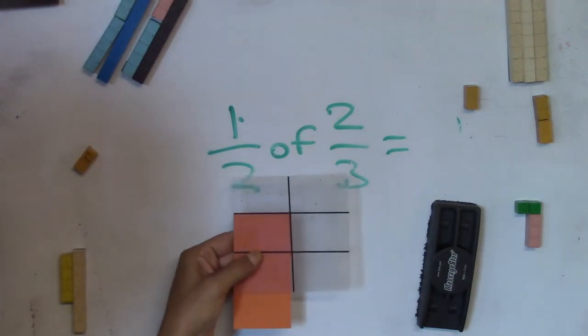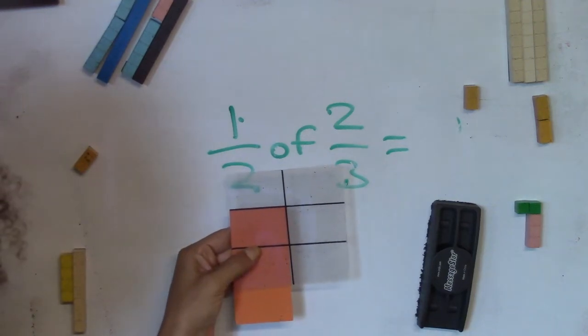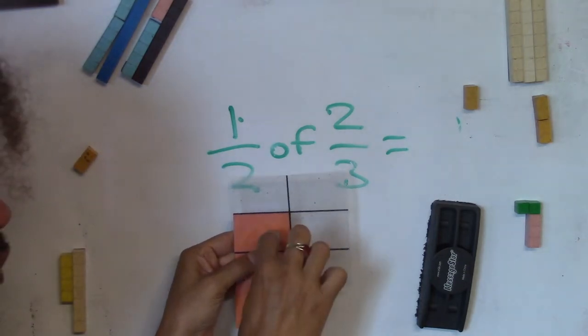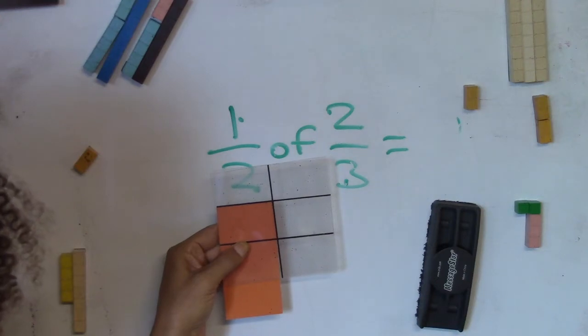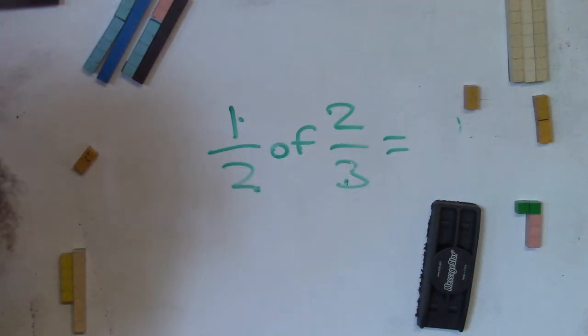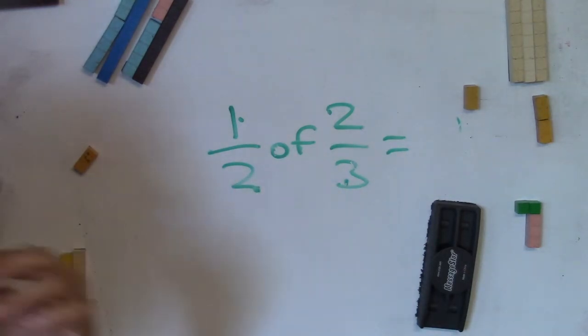But do you see there's my 2 out of 6? But 2 out of 6 is still just the same thing as 1/3. The reason it's 2/3 is because the numerator is 2, and the denominator is 3. So we're just saying take a half of whatever. Exactly. Take a half of 2/3.